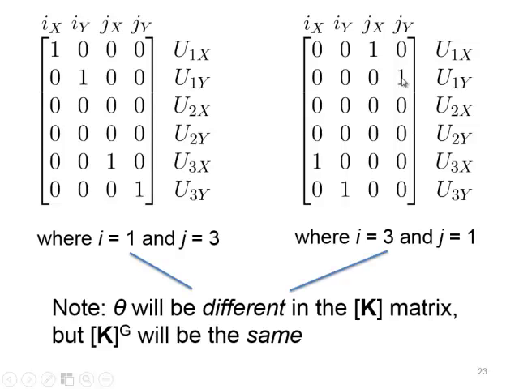All right. So again, note the theta. If we say I is 1 and J is 3, like we did, theta is 60. But if we say that 3 is I and 1 is J, what's theta now? Yeah, you got to take it from here and all the way around.